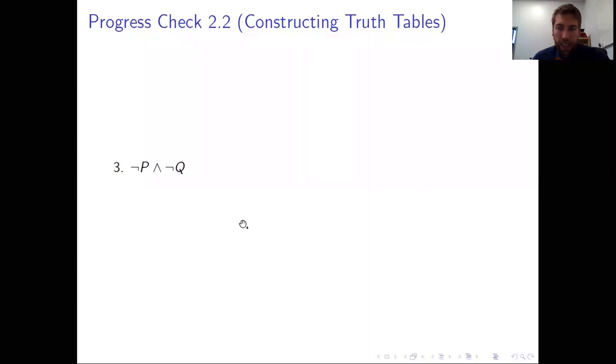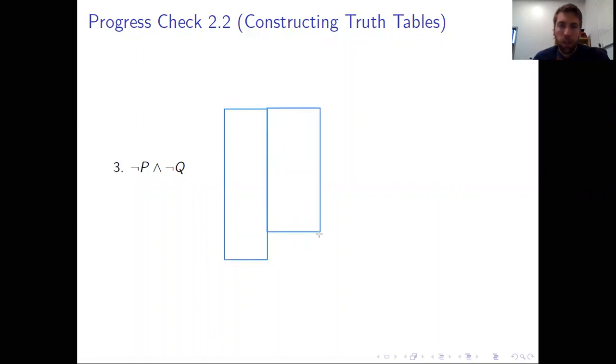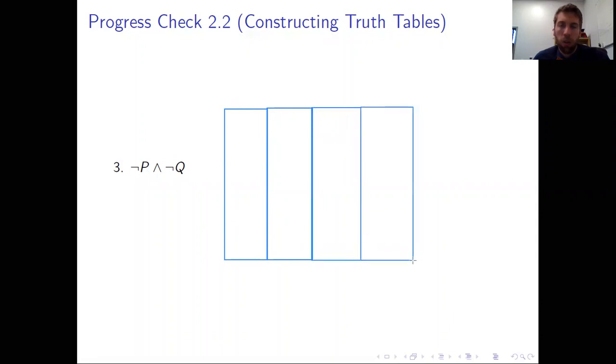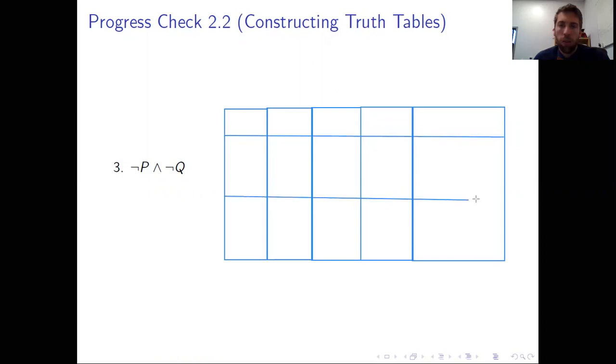Not P and not Q. Let's do this again. Obviously, I don't need as tall of things. I'll need a not P, and I'll need a not Q, and then I'll need a not P and not Q. And then we'll need some straight lines, and 4 of them.